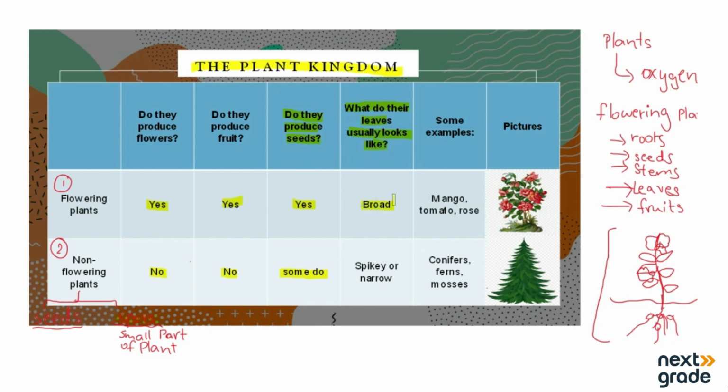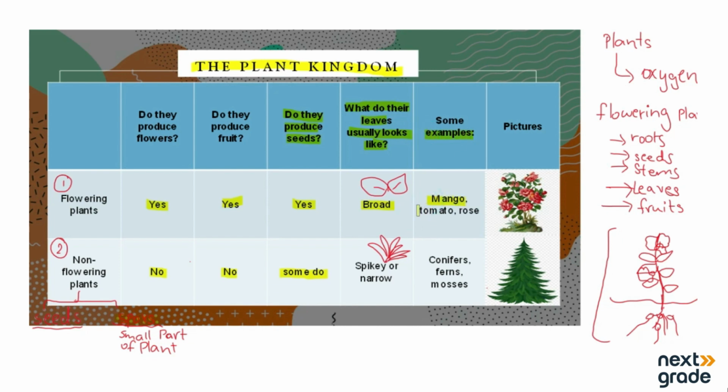Flowering plants के they are actually broad. ब्रॉड का मतलब है दे लुक लाइक दिस, ठीक है। उनकी विड्थ जो है वो ज़्यादा होती है और वो थोड़े बड़े बड़े लीव्स होते हैं। वेयर एज जो नॉन फ्लावरिंग प्लांट्स हैं उनके लीव्स स्पाइकी होते हैं, ठीक है, नुकीले होते हैं और नैरो होते हैं, पतले से होते हैं, ठीक है.